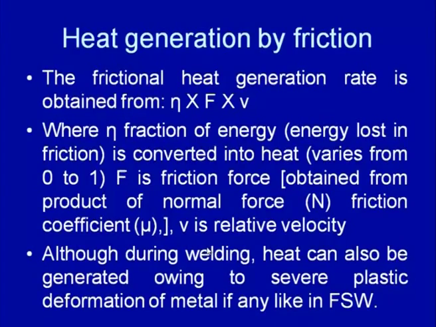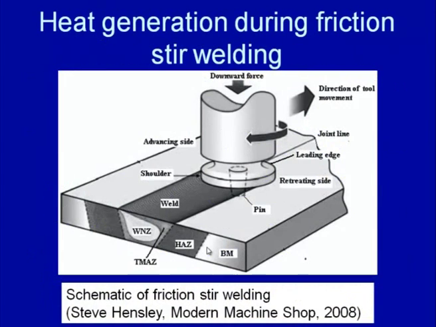But there is another new process in which, apart from the frictional heat, the severe plastic deformation is also used for making the weld joints, and this is called the friction stir welding process. In this friction stir welding process, the heat generated by the friction as well as the heat generated by the deformation, both are effectively used for making the weld joints by softening the material.